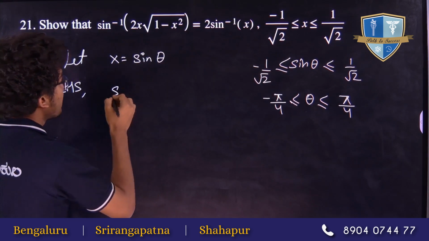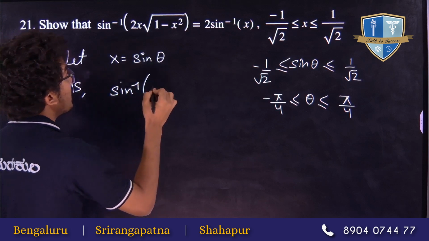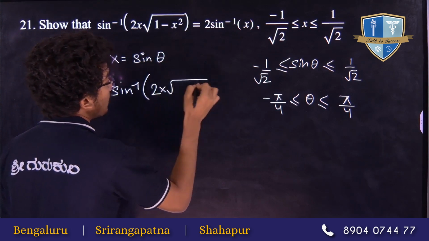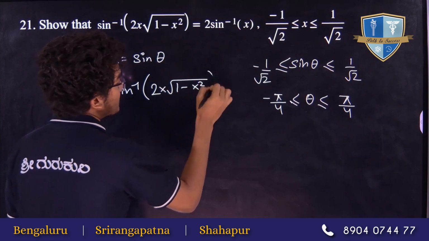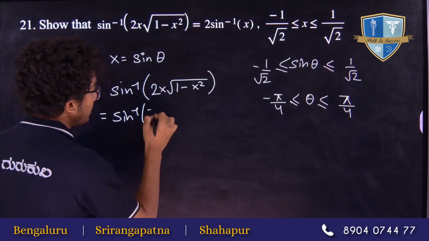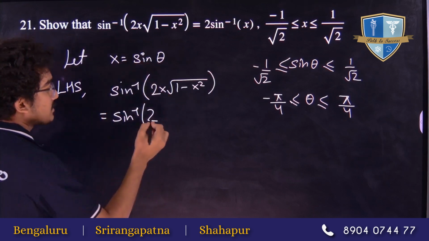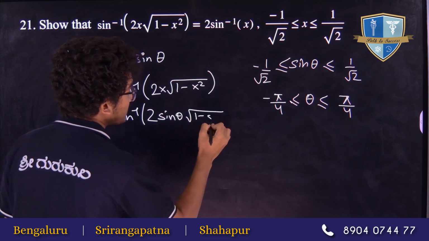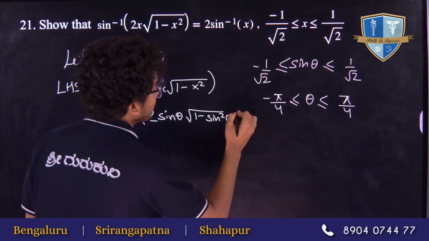LHS is sine inverse of 2x root of 1 minus x square. So this will become sine inverse of 2 times, instead of x we will write sine theta, so sine theta into root of 1 minus sine square theta, correct?